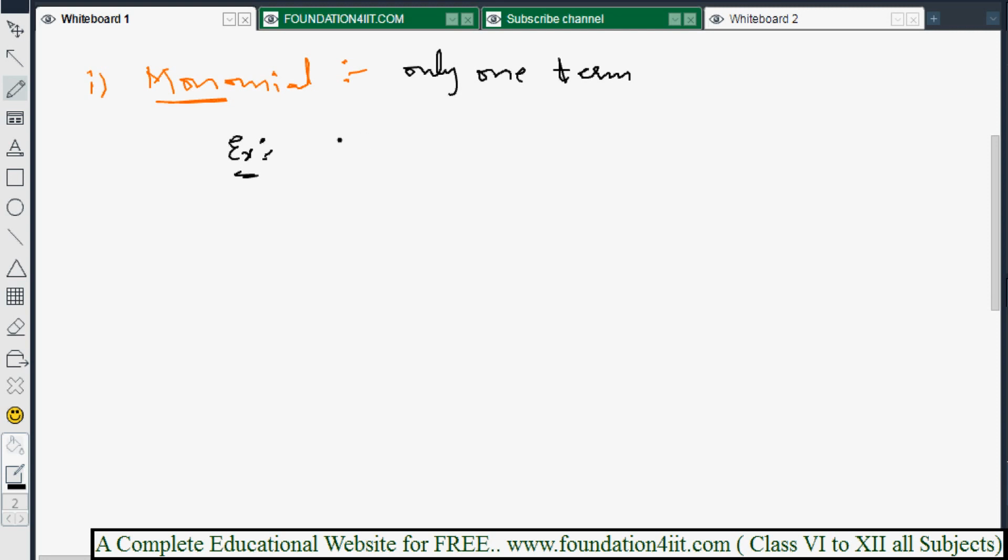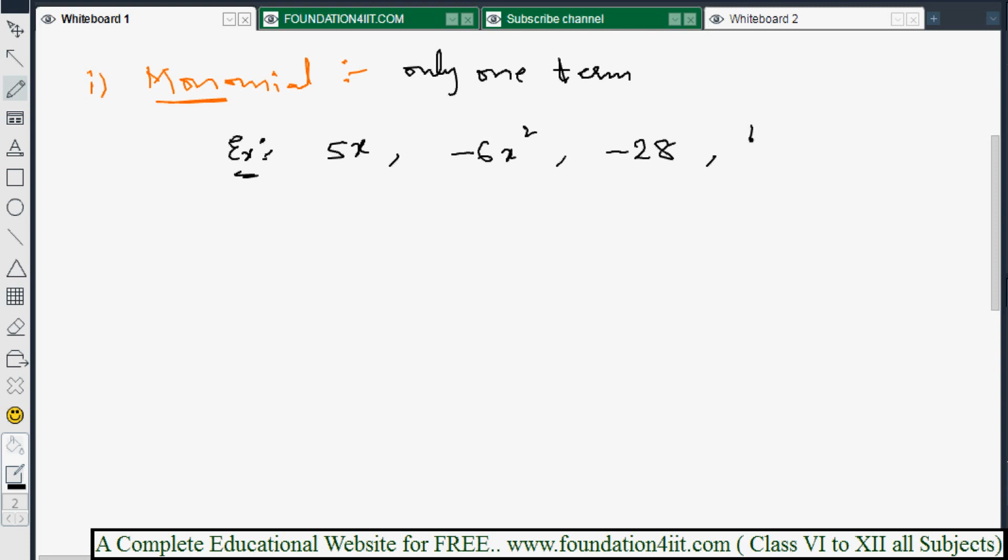For example, 5x is only one term. Minus 6x square is a term. A term is nothing but a combination of numerical value and literals, otherwise single. And minus 28 is also only a single term, so it's also a monomial.